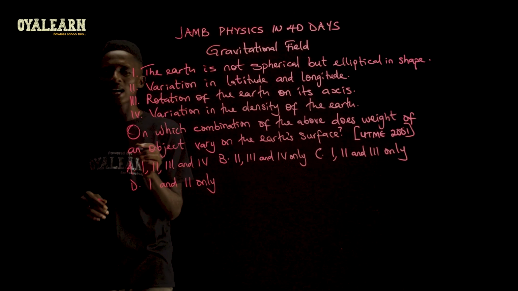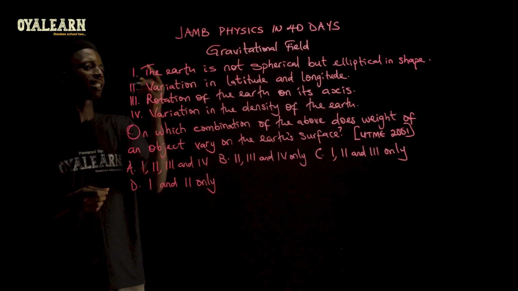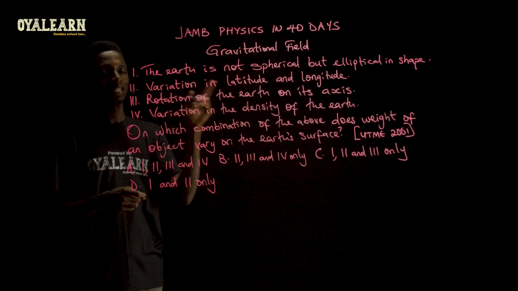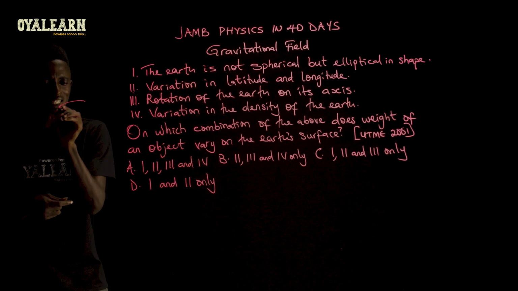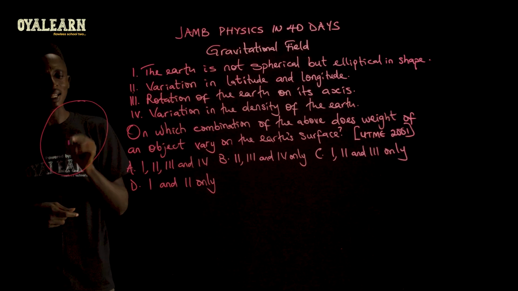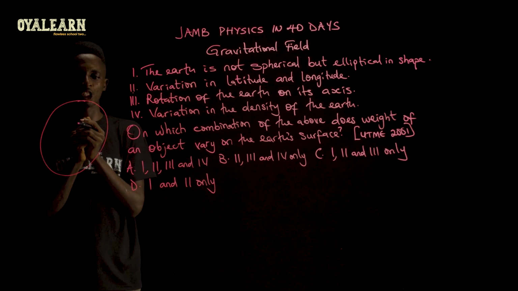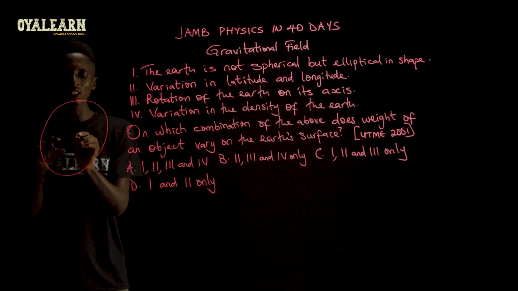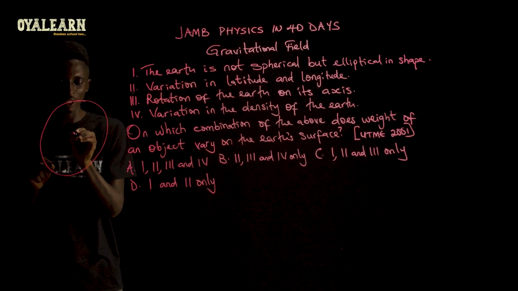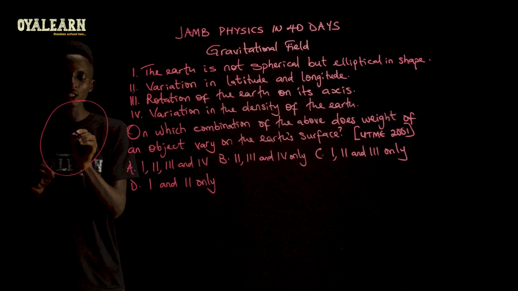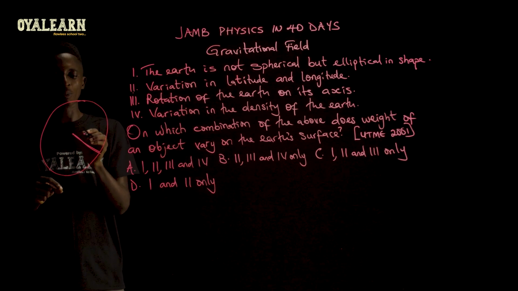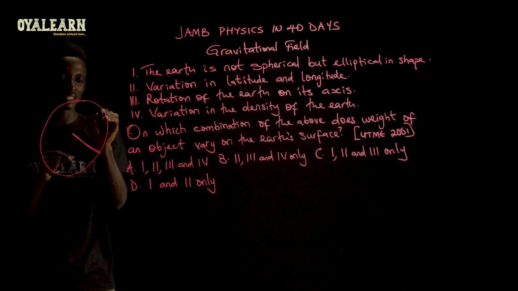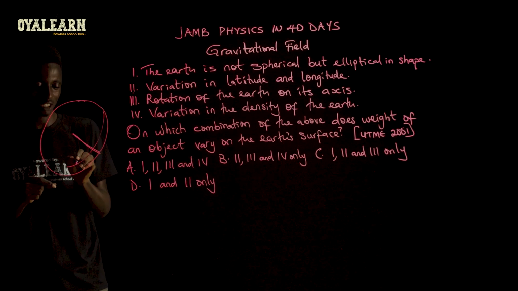So when we consider statement 1, it says the Earth is not spherical but elliptical. What this teaches us is that because the Earth is not spherical but rather more like an oval shape, the radius is different. When we pick the radius from the center here, the radius across this part is going to be different from what you will get when you are considering the longitude and latitude.